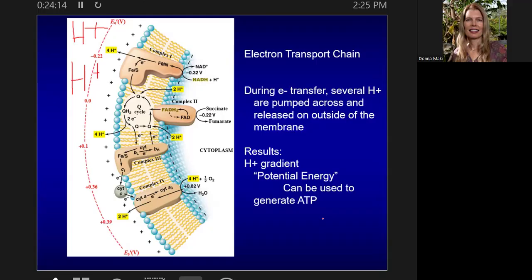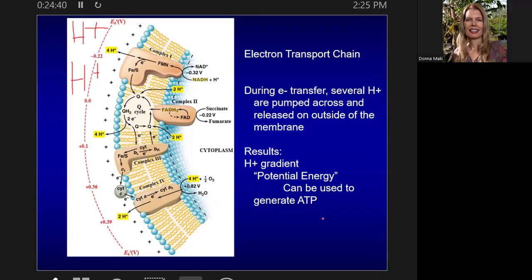Going back to this figure, you see these numbers here, negative 0.32 volts, negative 0.22 volts, and then all the way down here where oxygen is sitting is positive 0.82. This is something we're going to be talking about soon: the idea of reduction potential.